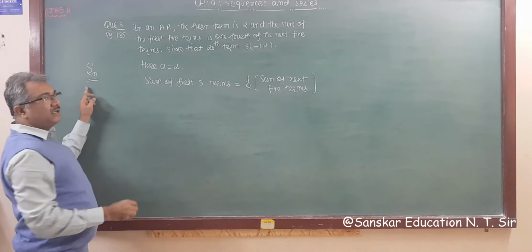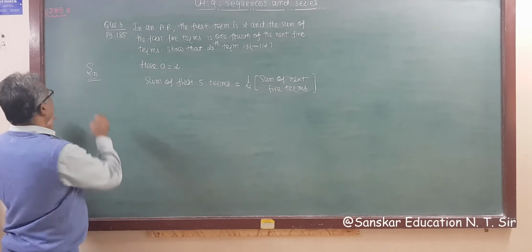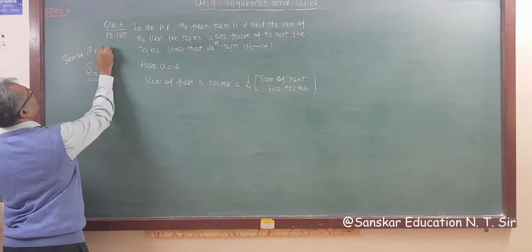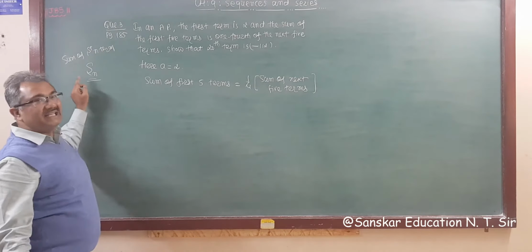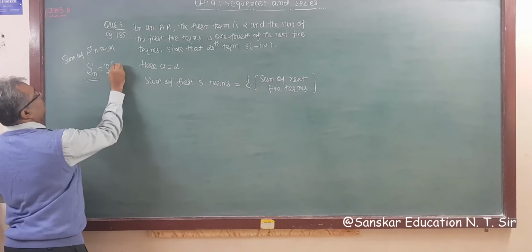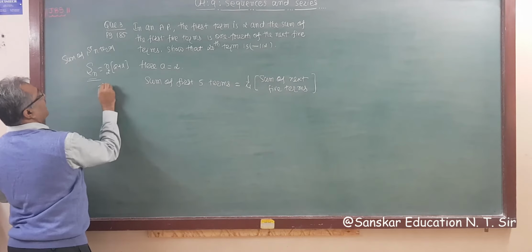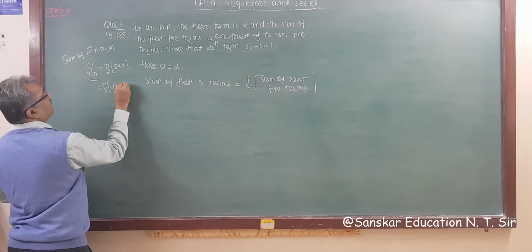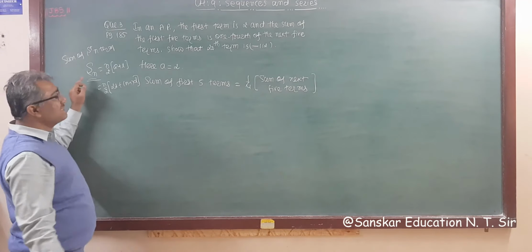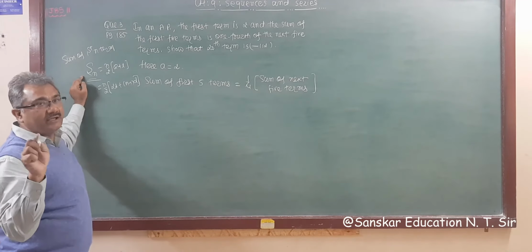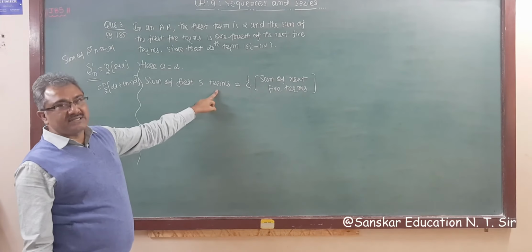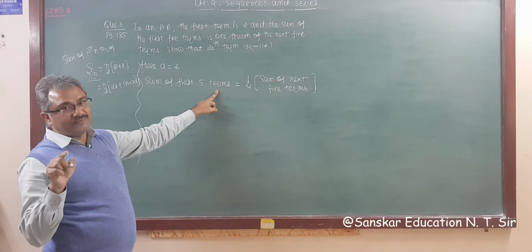You can apply any formula: n by 2 into A plus L, or n by 2 into 2A plus n minus 1 into D. This is the formula for the sum of first n terms. Here it is given the sum of the first 5 terms, that is S5.